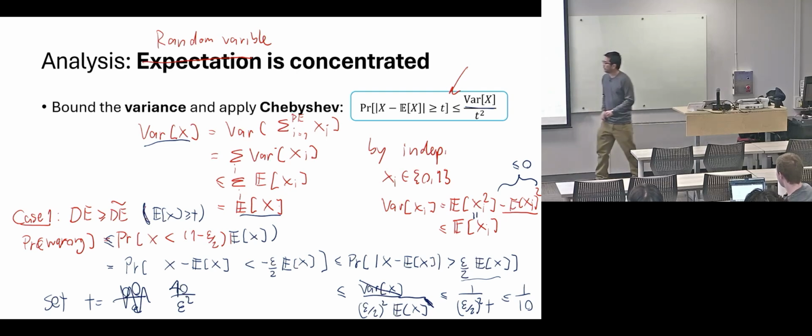Okay. So if I set t to be this big, something of order 1 over epsilon squared, we are correct with 90% in the first case.